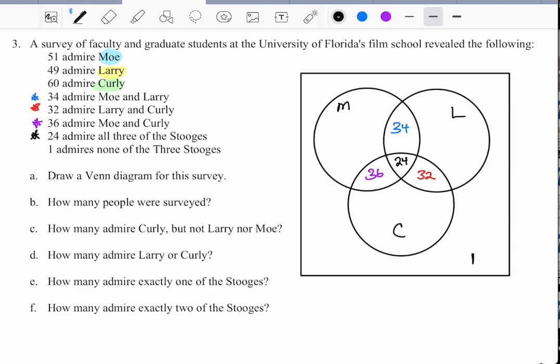So in that overlap, now this is the tricky part. It's very easy to lose sight of these things. This 34 corresponds to this whole shebang.